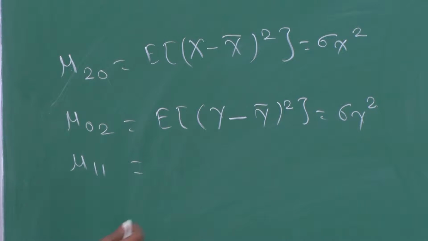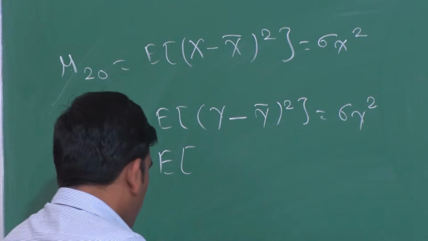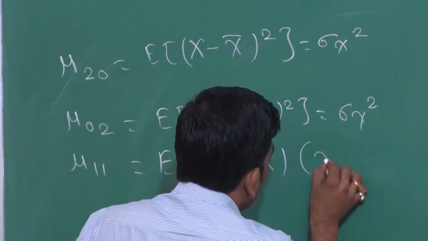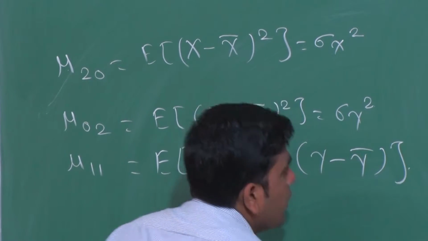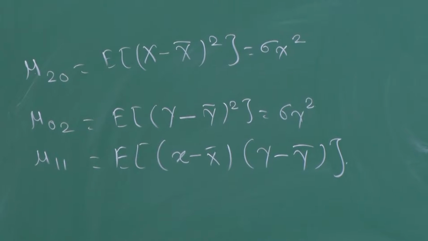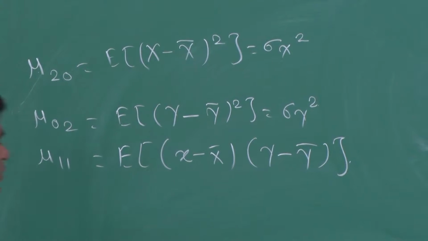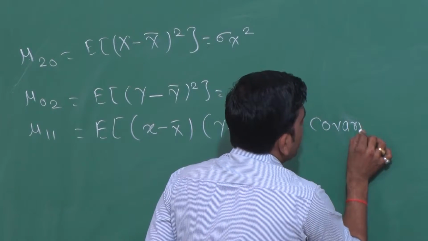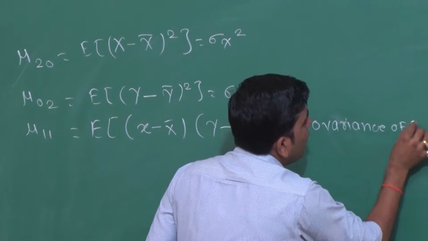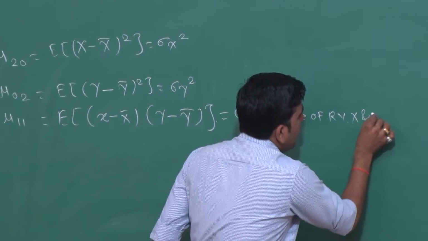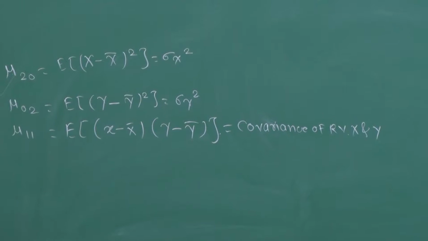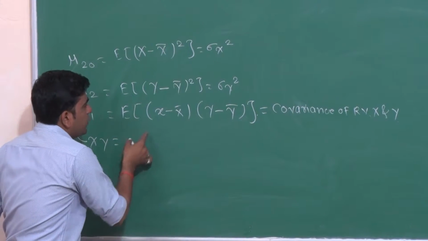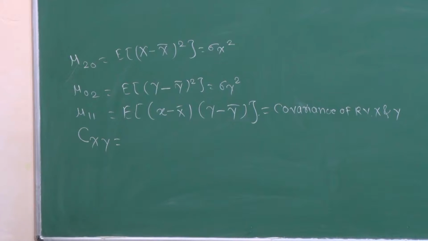Similarly, for the third case, this is nothing but the expected value of (X minus X bar) into (Y minus Y bar). This is called the covariance of random variables X and Y. It is indicated by C of XY, which is equal to the expected value of (X minus X bar) into (Y minus Y bar).